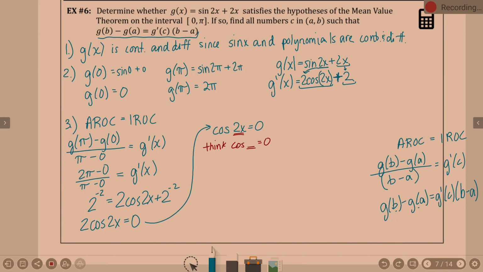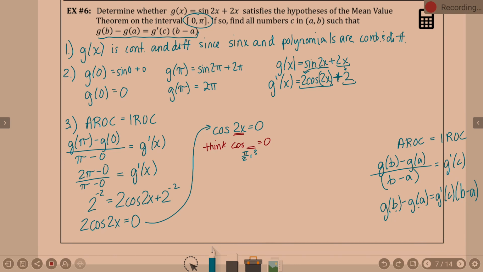My brain says pi over 2 and 3 pi over 2. But what's the interval in question? 0 to pi. So it has to be pi over 2. However, we're going to use both.